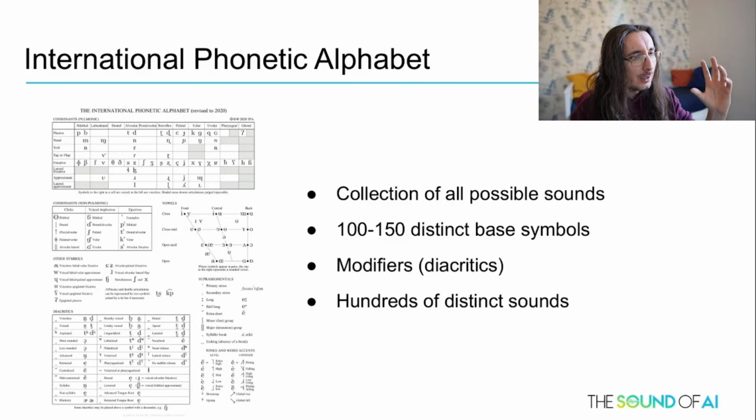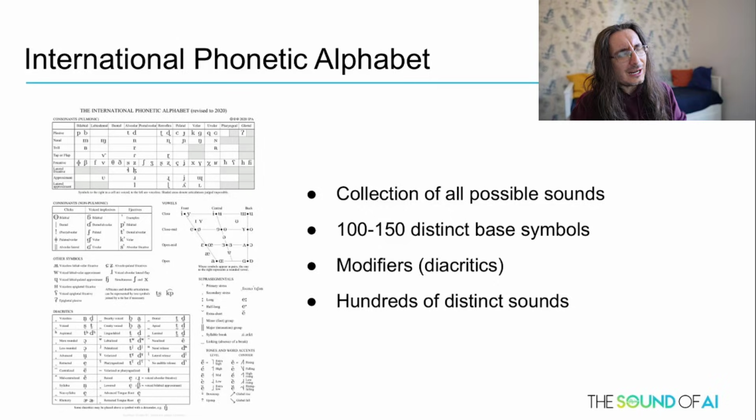Fantastic. Okay, but how many sounds do you think your typical language has? Do you think it uses all the hundreds of distinct sounds? Well, that would be quite a lot and difficult to have.